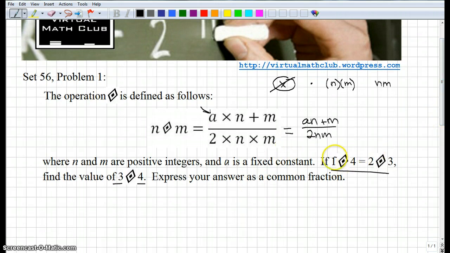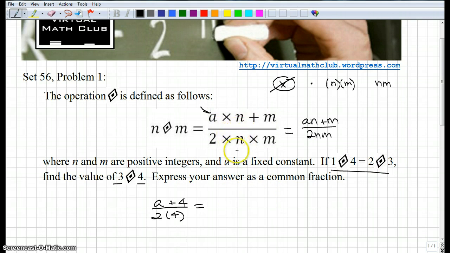Alright, so 1 diamond 4, I'm going to just plug in 1 wherever I see n. So I'm going to take a times 1, so I'll just write that as a, because 1 times a is a. And then I'm going to take the 4, plug that in for m, so a times (1 plus 4) over 2 times 1 times 4 is equal to, alright, so now we need to plug in the 2 and the 3 into this operation definition.